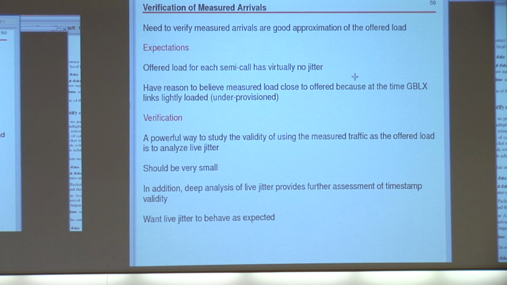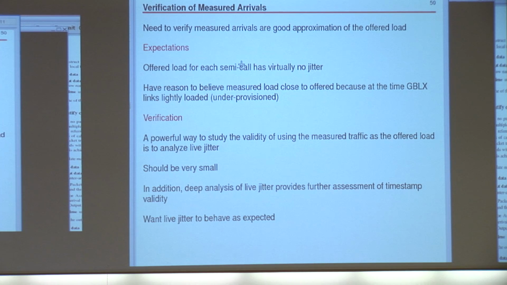All right. We need to verify that our measured data is a good approximation of offered load. What are our expectations? First of all, our expectation was that the offered load really is pristine.